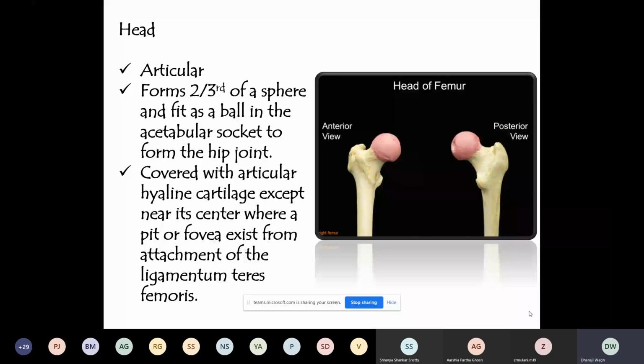So this is a Viva question. They may ask the blood supply of the head. There are two parts: smaller medial part, larger lateral part. Remember, smaller medial part and larger lateral part. Okay. So clear about this.